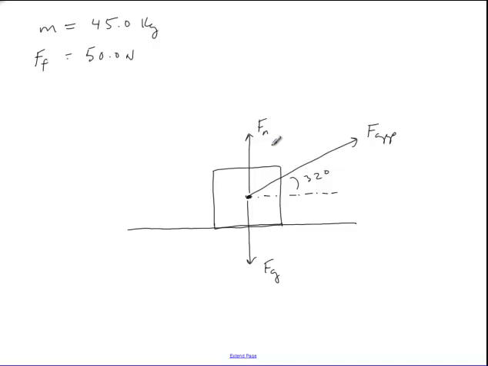So we're pulling it this way, which means the force of friction is going to act that way. The tension of the rope is 95 newtons, so F, I'm calling it applied. I probably should have used tension, but again, it's going to work out. 95.0 newtons. What is the magnitude of acceleration of the object?